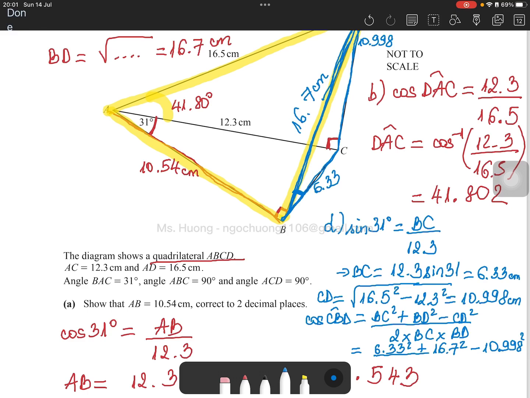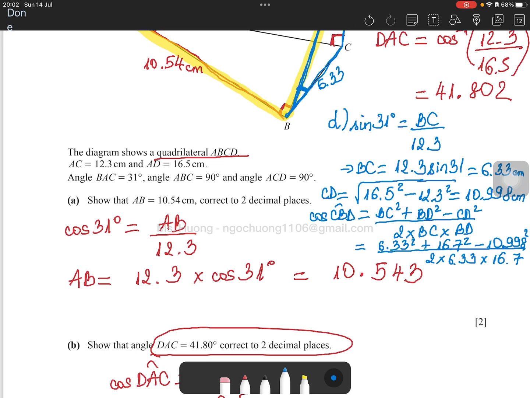Now we divide this by 2 times BC is 6.33 and BD is 16.7. And then to find the angle CBD, we will use the inverse of cos. So the answer for this is 20.5 degrees.